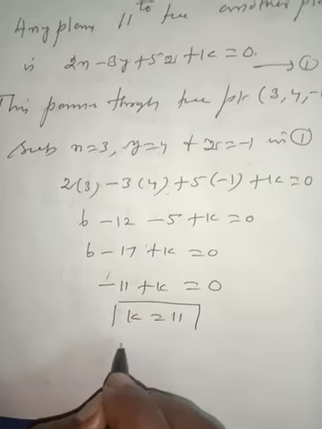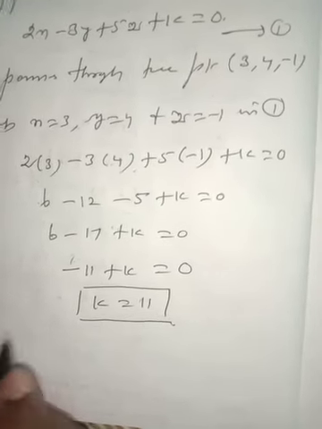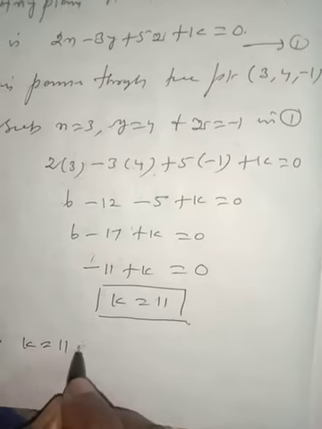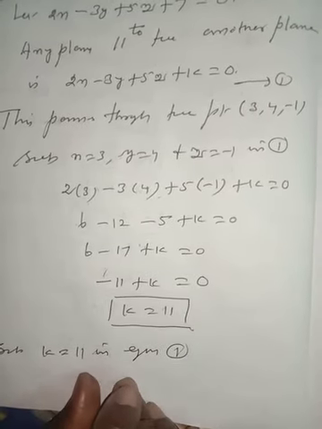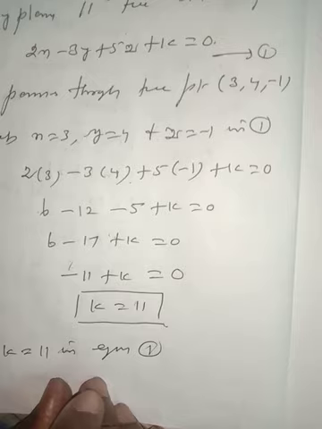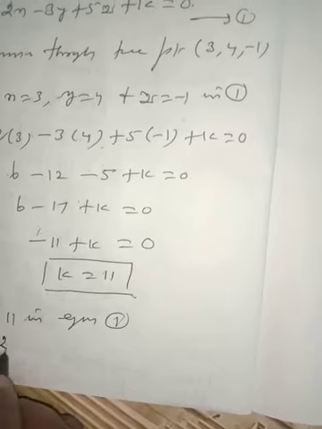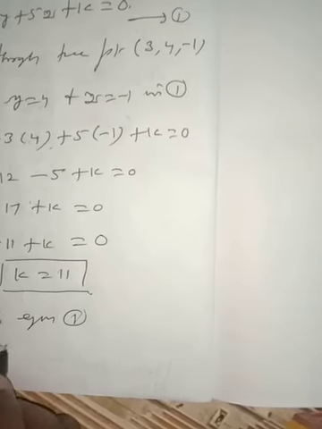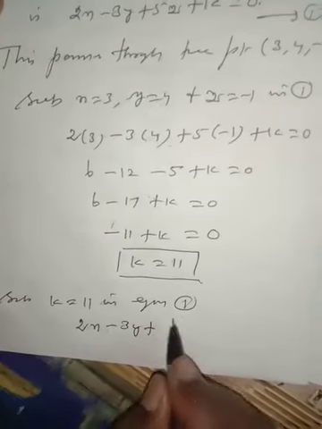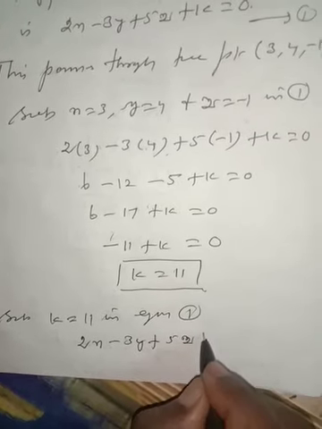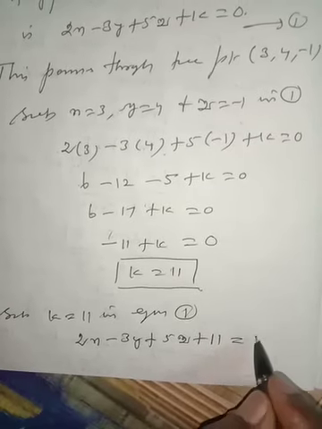Substitute k is equal to 11 in equation number 1. We have 2x minus 3y plus 5z plus 11 is equal to 0.